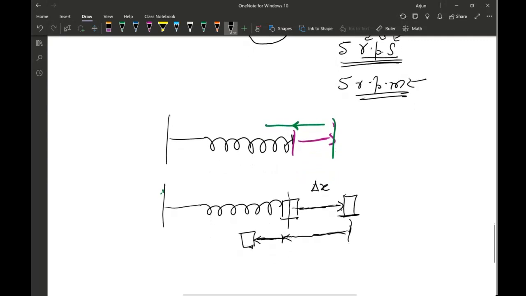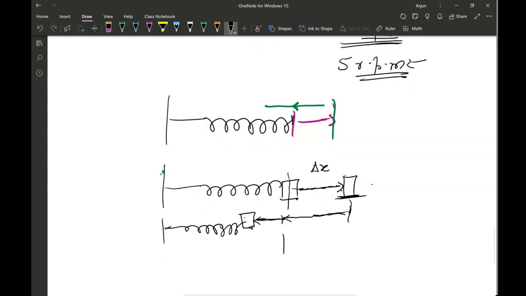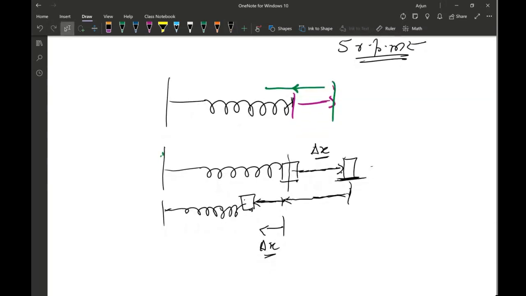So this is the next stage. Once you release this mass, the spring gets compressed and it moves to a distance, let's say delta x on this side also. I'm just assuming these two distances are equal for the sake of simplicity.